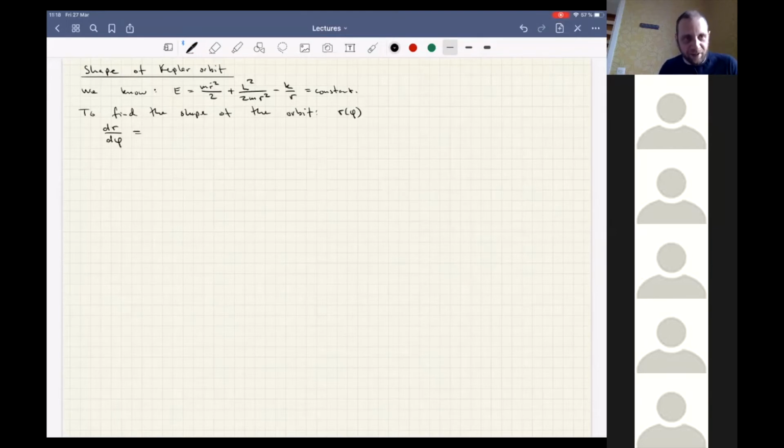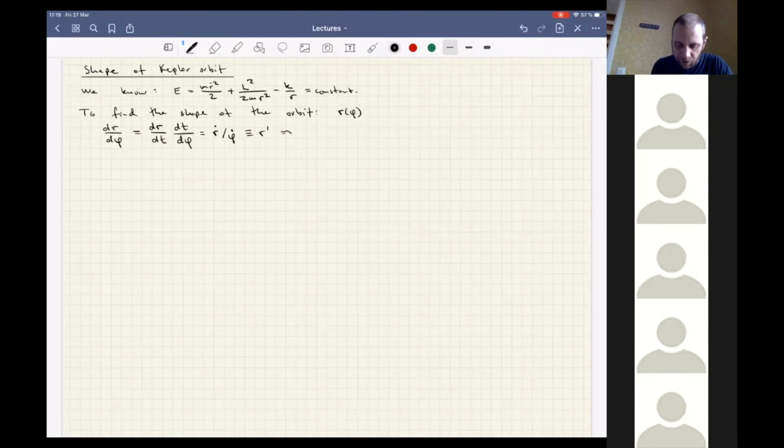A good trick, as we've seen many times in the course, is the chain rule. So dr d phi is r dot divided by phi dot, and I'm going to define this as r prime. We use a prime for the phi derivative, and a dot for the time derivative.